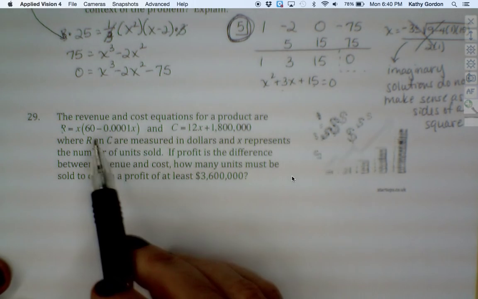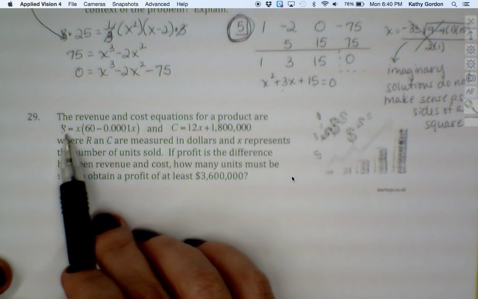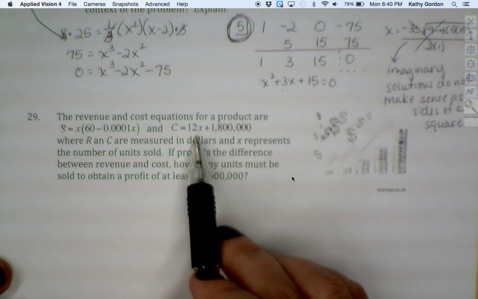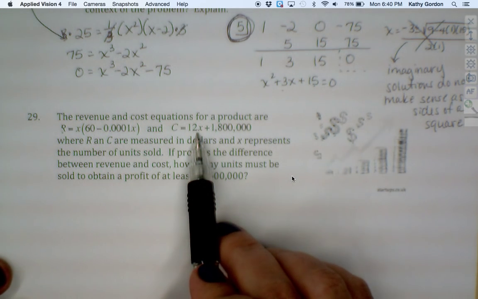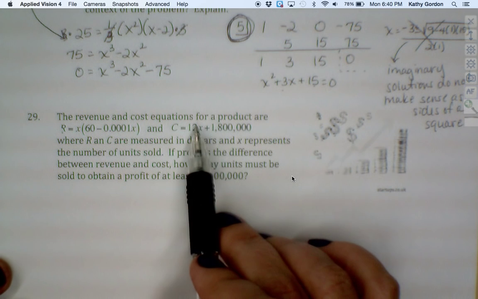If we sell X units in this equation, this is how much revenue we're going to make, how much money we're going to bring in. If X is the number of units sold in this equation, this is how much it's going to cost to make that product.